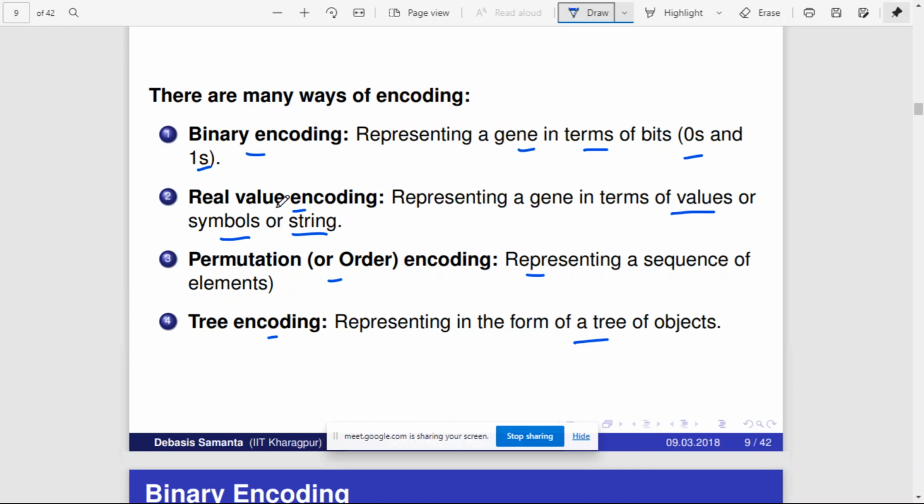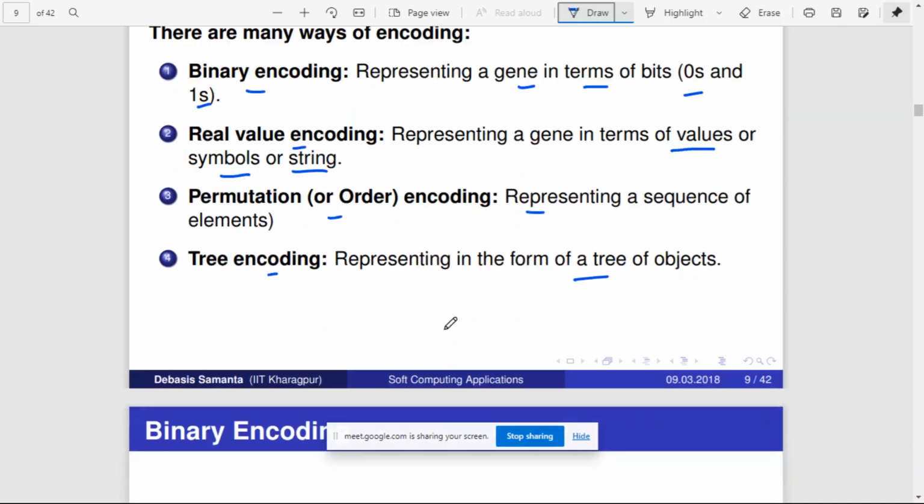So these are the four types of encoding schemes: binary, real value, order encoding and tree encoding. In binary encoding, the gene is represented as zeros and ones. In real value encoding, in terms of values, symbols or strings. In order encoding, as a sequence of elements, that is, in what order we are going to arrange it. That decides the solution. In tree encoding, the gene is represented in the form of a tree.